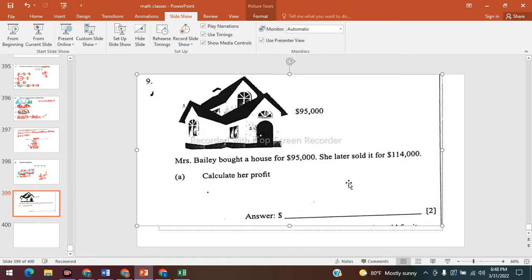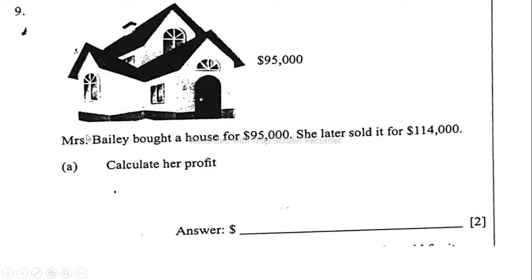So remember that she bought the home for $95,000. She probably bought that home in 1996 or something like that. I'm saying selling for that price, at least decent homes, is not something you see these days. But then she later sold it for 114,000.